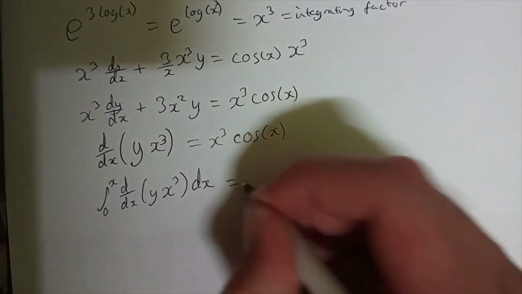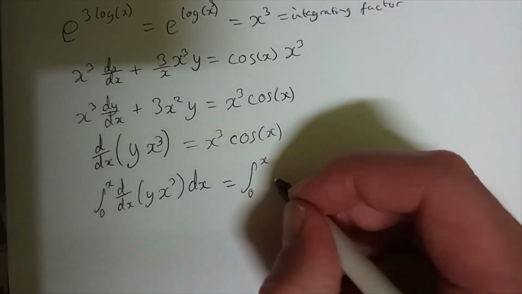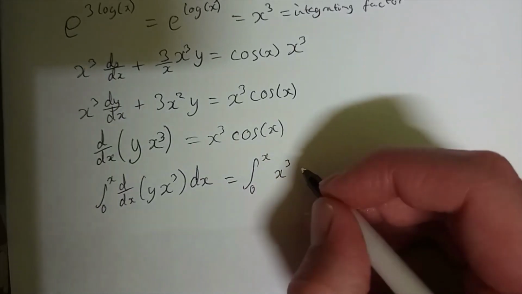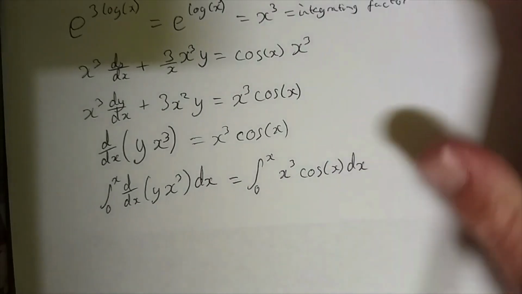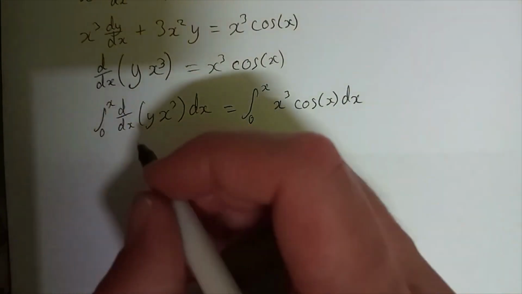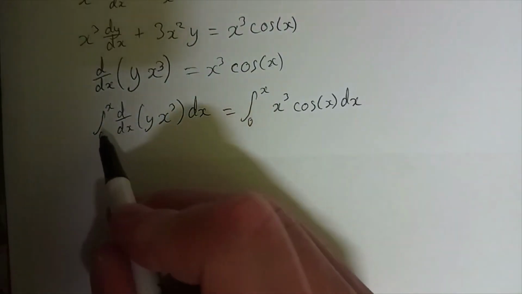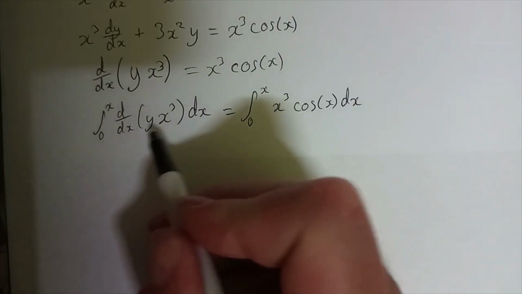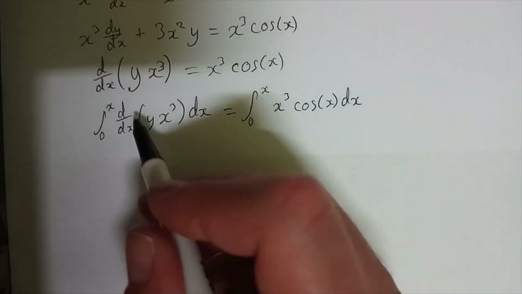That will equal the integral again from 0 to x of x cubed cos of x dx. By the fundamental theorem of calculus, the integral of the derivative is whatever we took the derivative of in the first place.